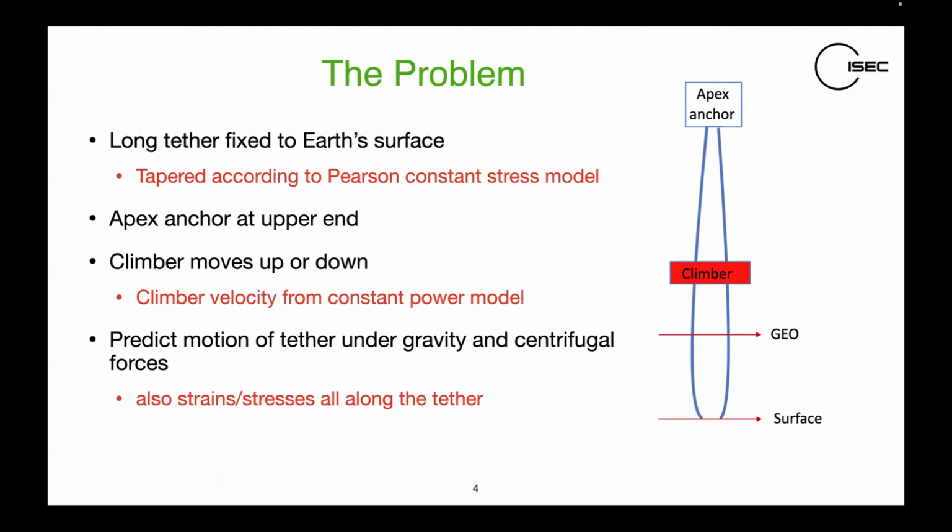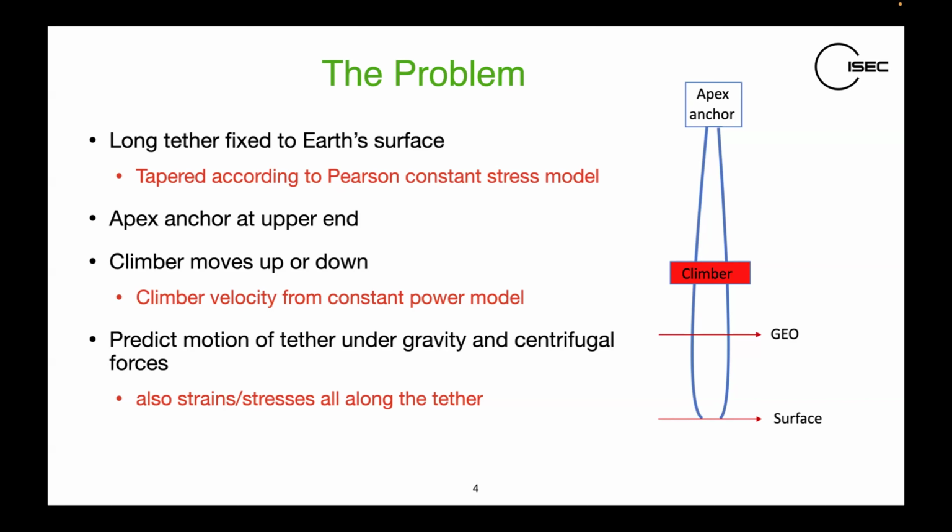As for the current model, the tether is fixed to the Earth's surface, and it will have some distribution of mass, which, if you follow the constant stress model of Pearson, has a taper, which kind of looks like the blue lines that I've shown on the right-hand side.